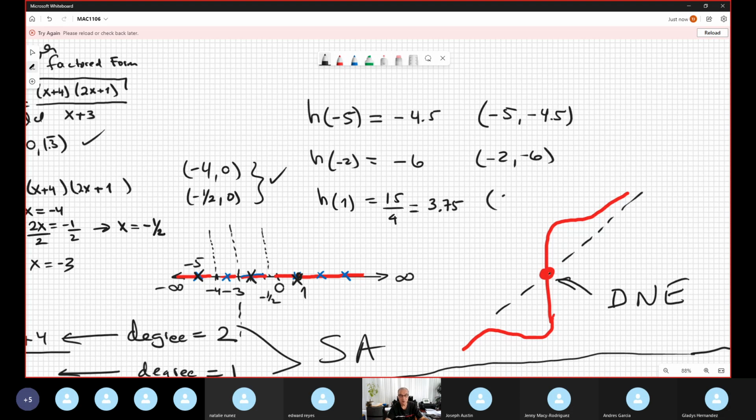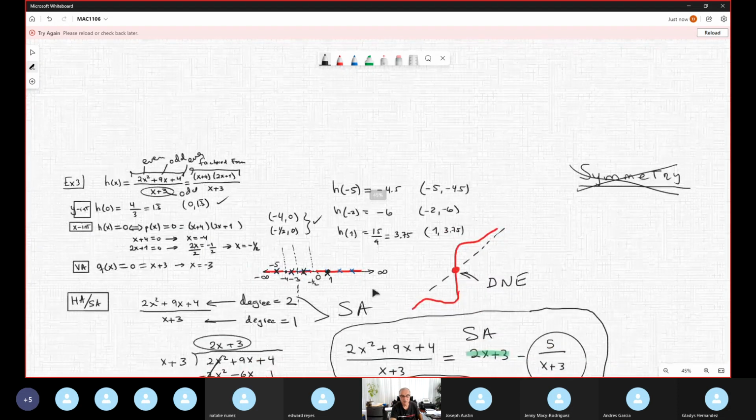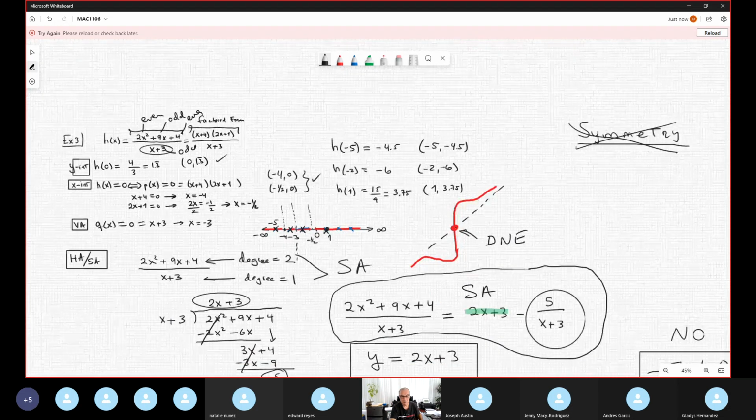And the point is 1, comma, 3.75. I don't know why I skipped this point 3.5. You can do that. I suppose you can test more. Now put together, and the decimals recommended on the piece of paper.